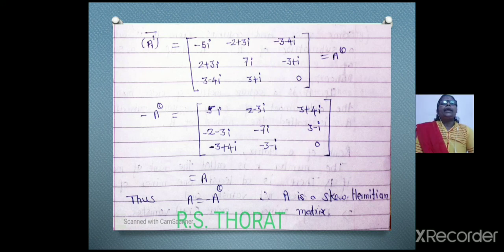And finally we get a matrix which is equal to the given matrix A. Thus we get A equal to minus A raised to theta, that is A raised to theta equal to minus A. And this condition is the skew Hermitian matrix condition. That means the given matrix satisfies the condition of skew Hermitian matrix, since A equal to minus A raised to theta, or A raised to theta equal to minus A. Thus given matrix A is skew Hermitian matrix.